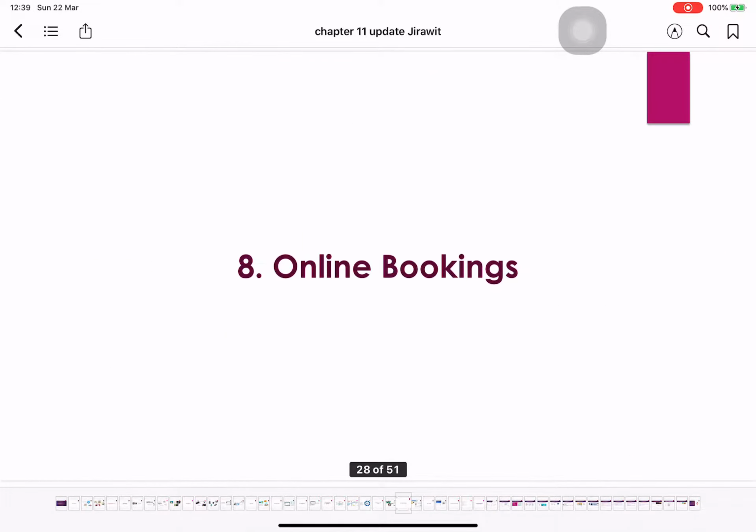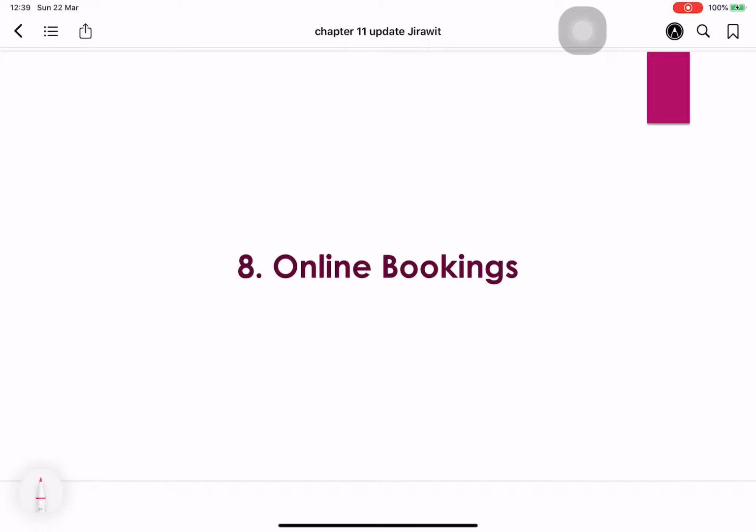Number 8 is about online booking. I think most of you are familiar with this to do about the ticket, right? And what else about the hotel booking, right?